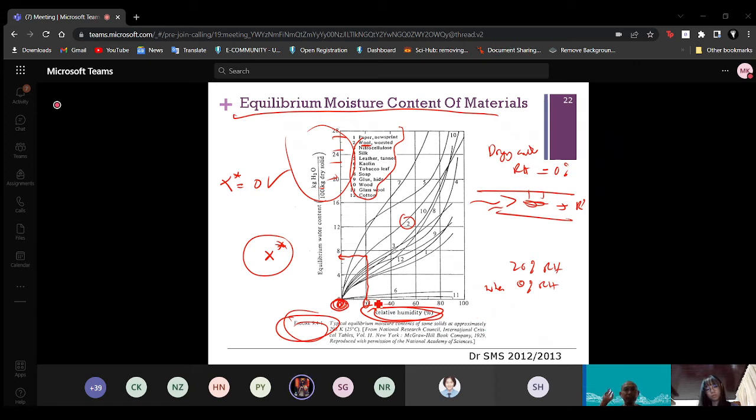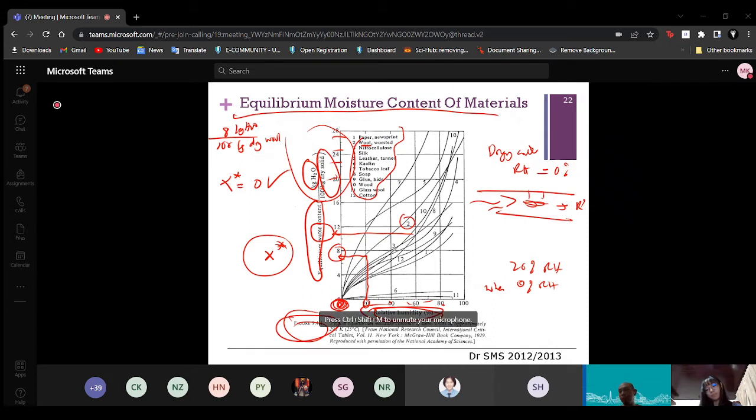But if your relative humidity is a certain percentage, you should expect some moisture to remain, because the unit of equilibrium moisture content is kilo of water over 100 kilo of dry solid. So if we have 8 here, it means you have 8 kilo of water in 100 kilo of dry wool, in case number 2.